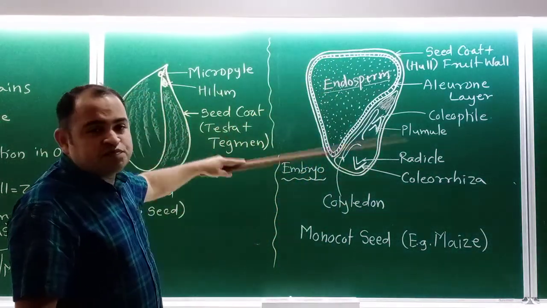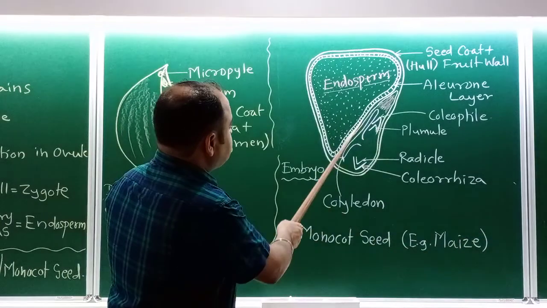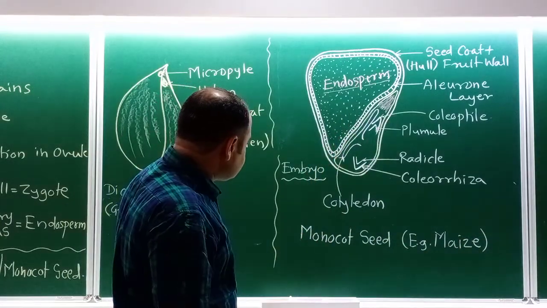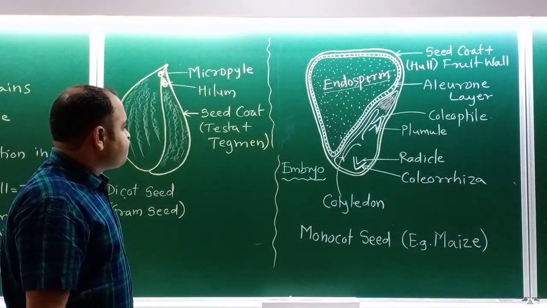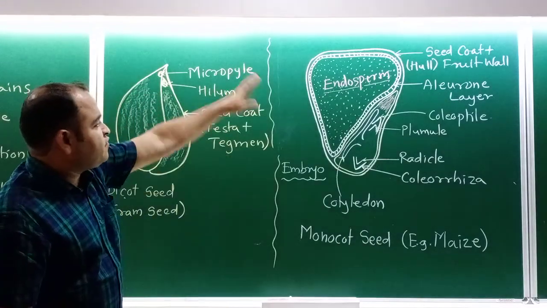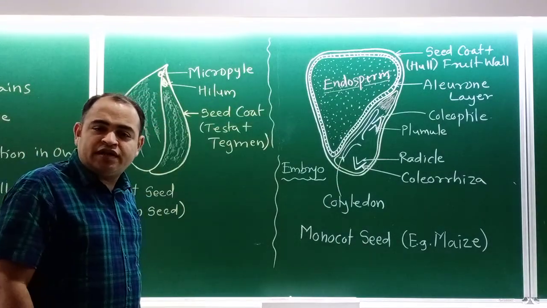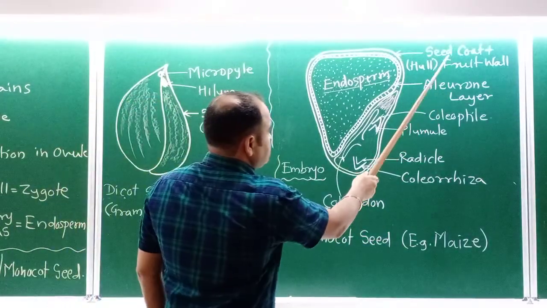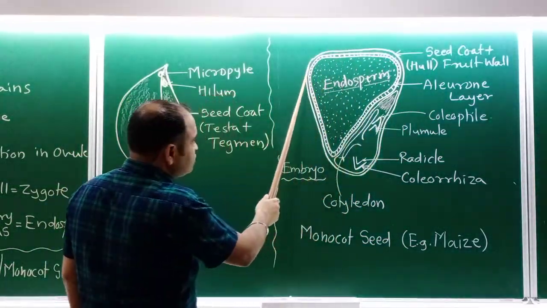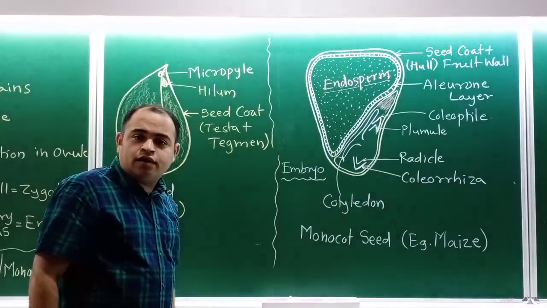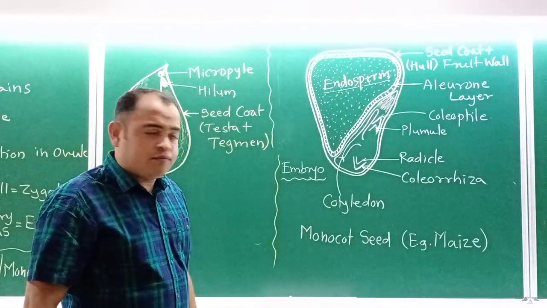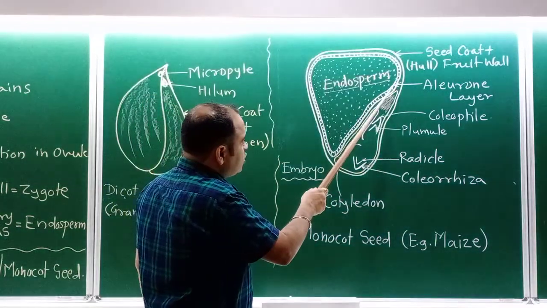Now focus on this particular monocot structure. Just try to identify the labels. This is the seed coat, popularly called the hull. Then the aleurone layer.